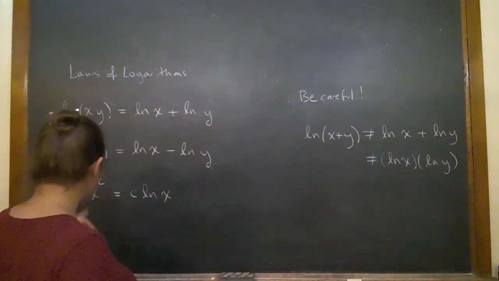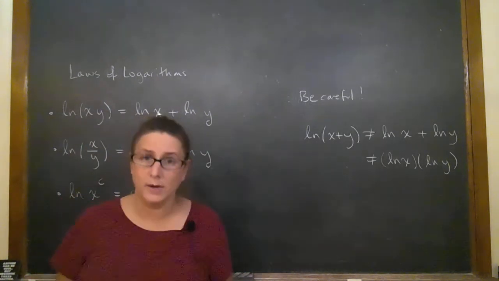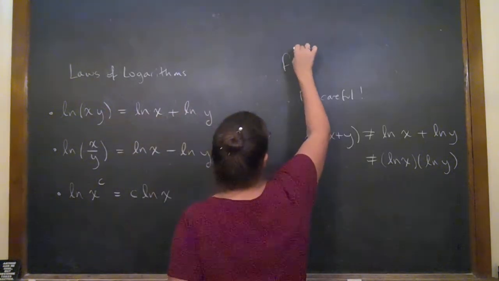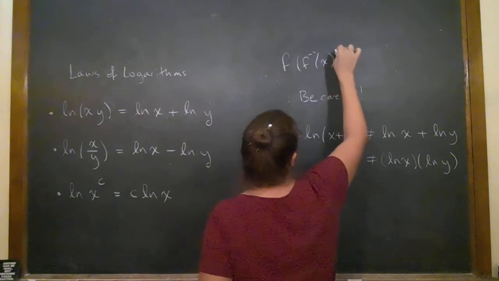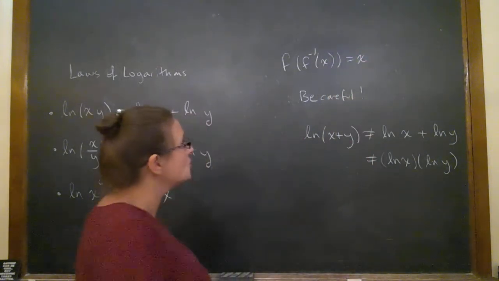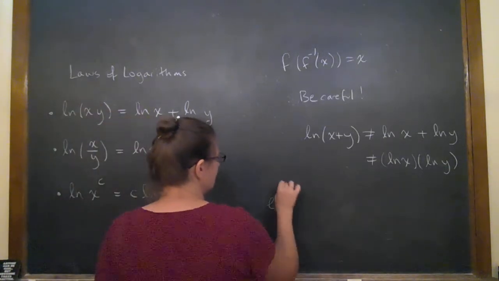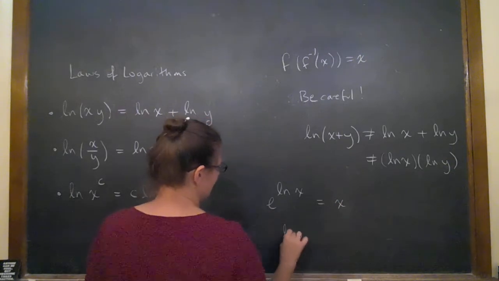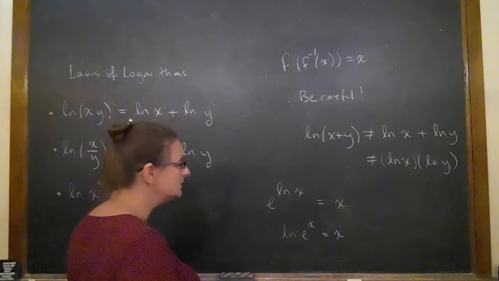Now, another thing, we talked about the cancellation equations, the cancellation of f inverse of x, which doesn't even look like an inverse, equals x, etc. So in the context of logarithms, you have e to the natural log of x equals x, or natural log of e to the x equals x.